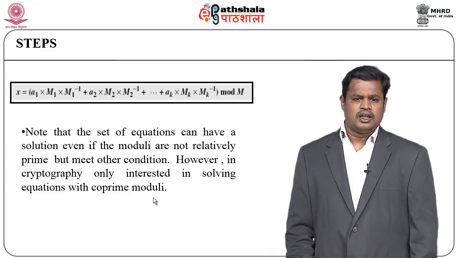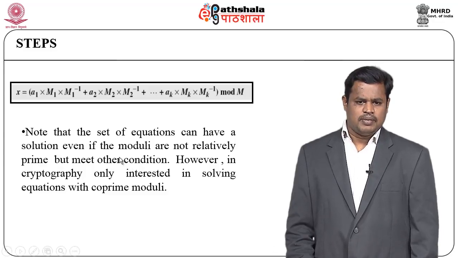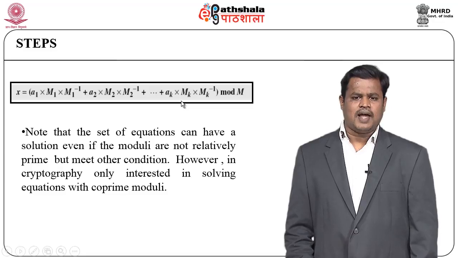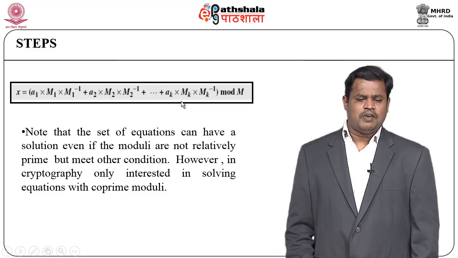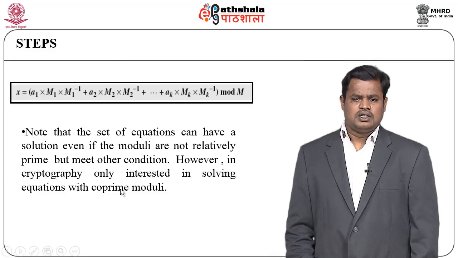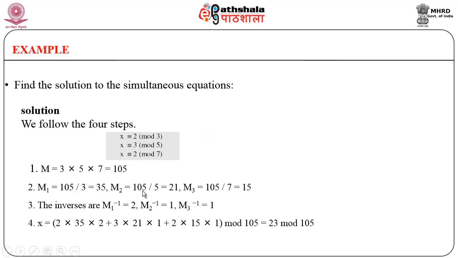It is not necessary; even if the condition is not met, this equation will also work for some other values, but in the field of cryptography, when I want to work with CRT, definitely I should make sure that all the moduli are co-prime to each other, relatively prime. So, now we will find out the solution for the particular example.